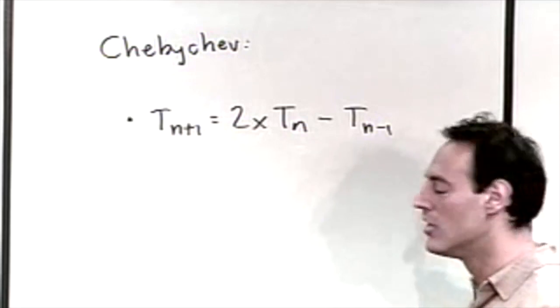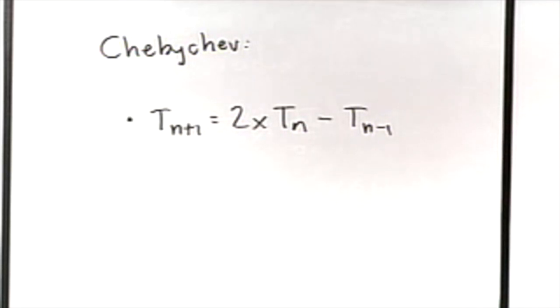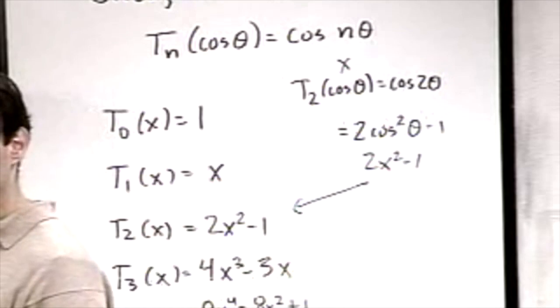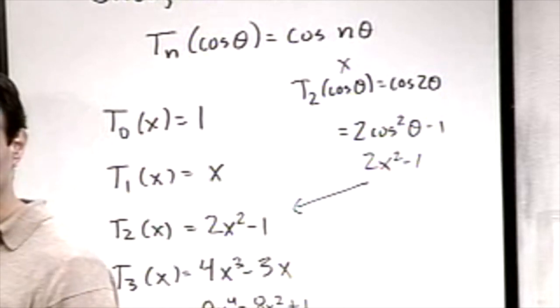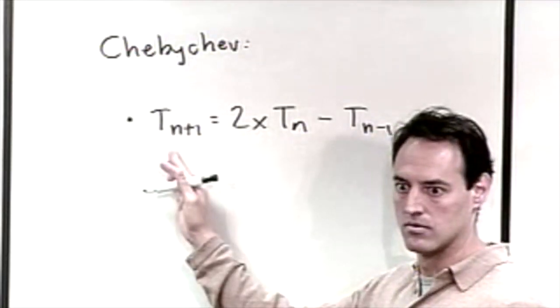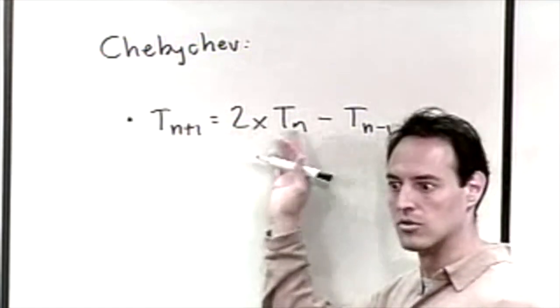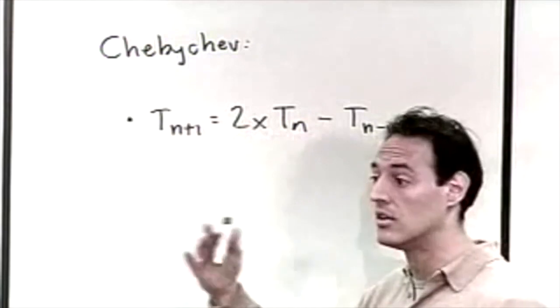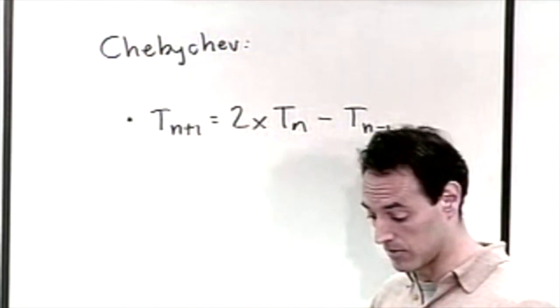So instead of going through this procedure over here, where you go, oh, geez, do I have to know all of my trig rules to get these things? No. Starting off with T0 and T1 as functions, you can generate Tn plus 1, or T2. T2 and T3 can give you T4, and so forth. So this gives you an iterative way to get your higher Chebyshev polynomials.